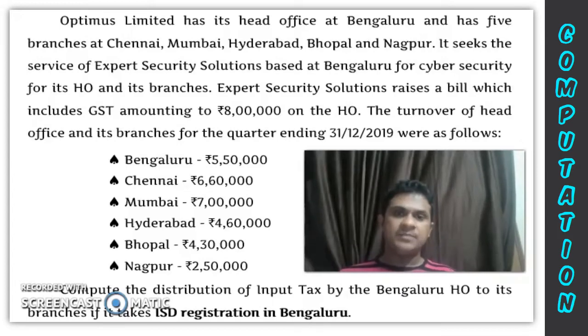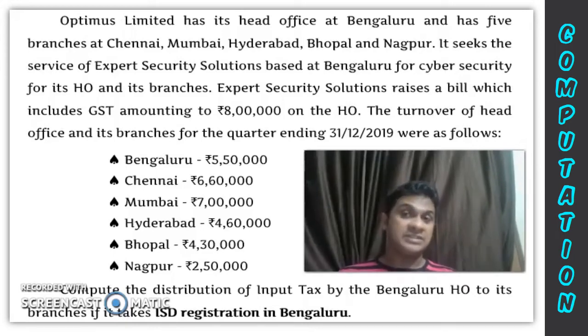And then they mention the turnover of the head office and its branches for the quarter ending 31st December 2019 as follows. They have given the information with respect to the turnover of Optimus Limited and its branches for the quarter ending 31st December 2019.